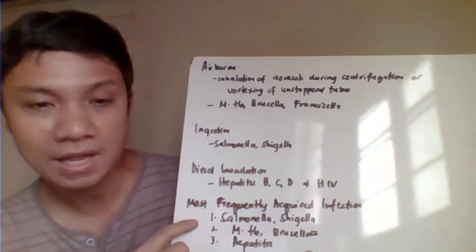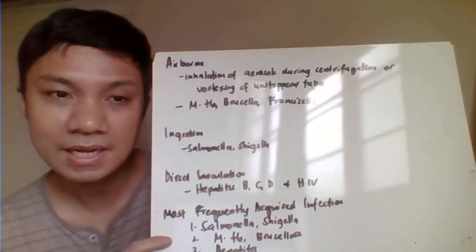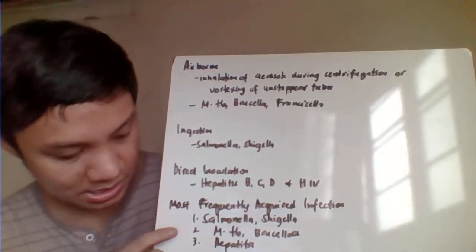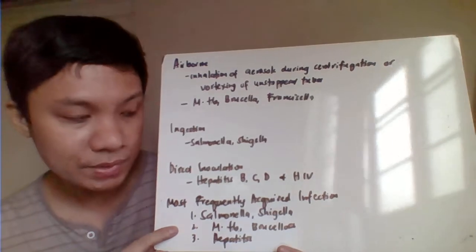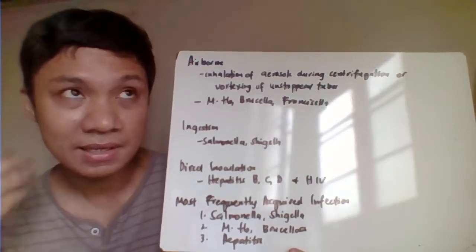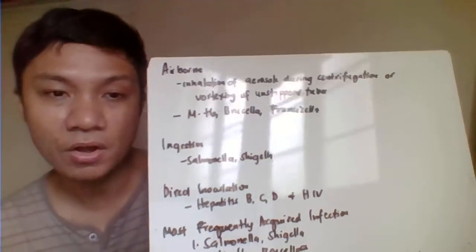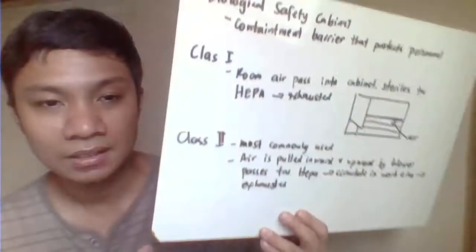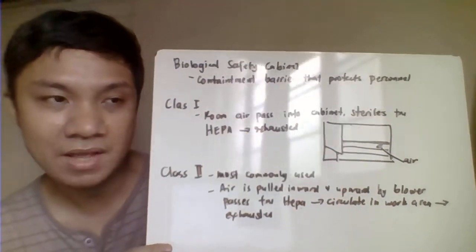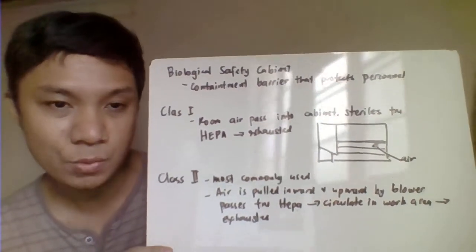The first one, Salmonella and Shigella. So basically that one is by ingestion process. Mycobacterium tuberculosis, brucellosis through your inhalation. And we have also your hepatitis through your direct inoculation. Okay, now we discuss about the different biological safety cabinets or hoods.